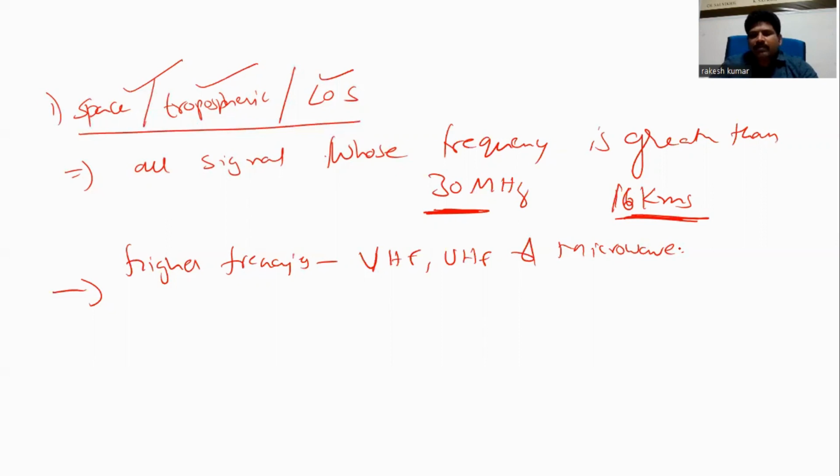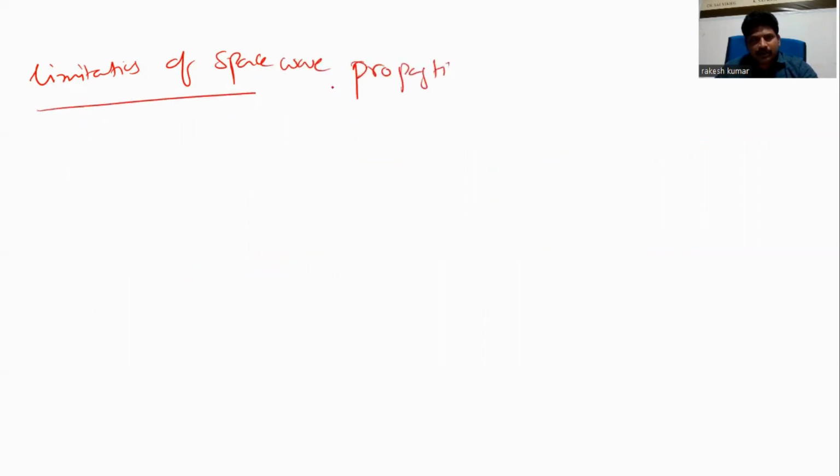Okay, but what are the limitations of space wave propagation? The first one is, it is limited by line of sight distance.